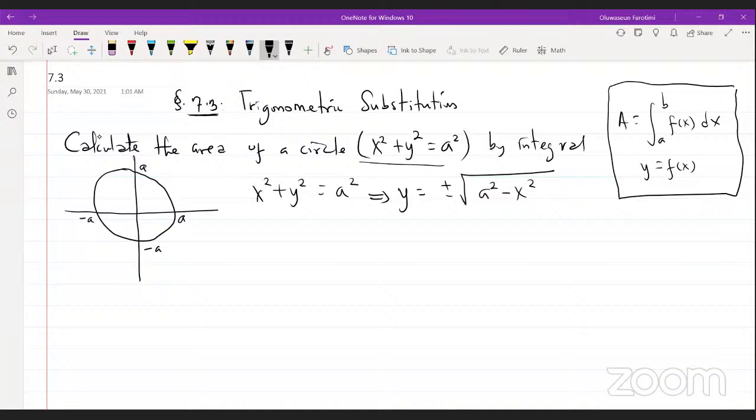So over here, my area, as per this geometry, is going to have 2 copies of the integral from negative a to a of the square root of a squared minus x squared dx.